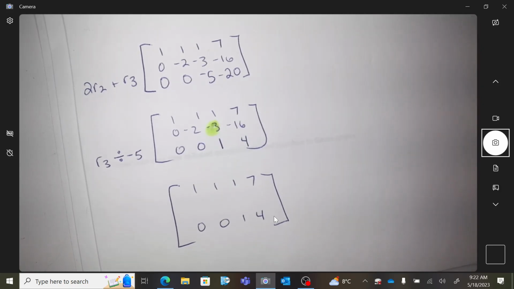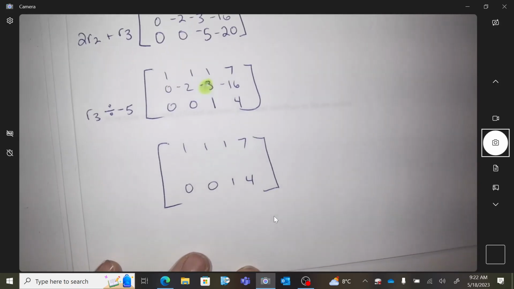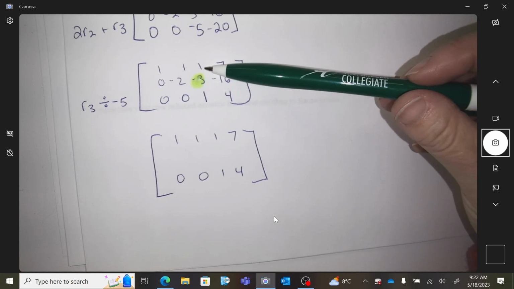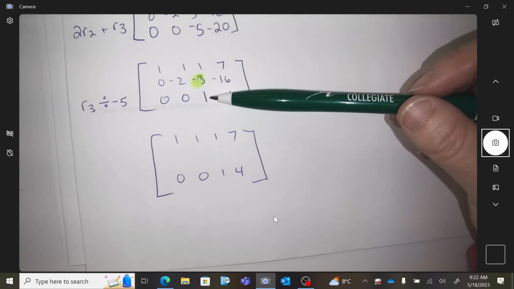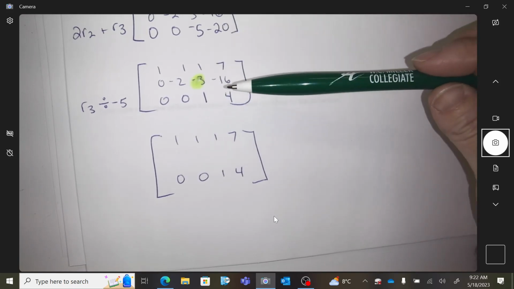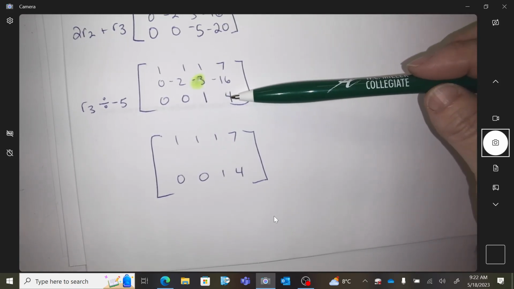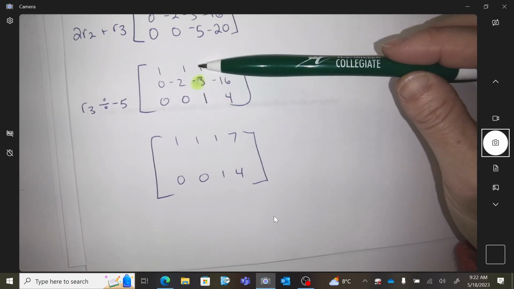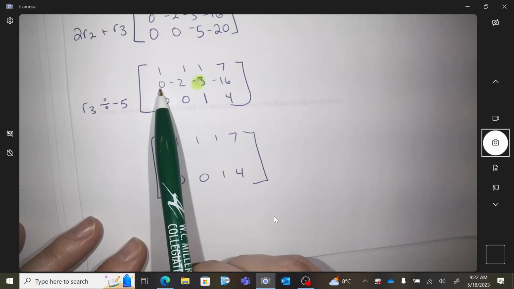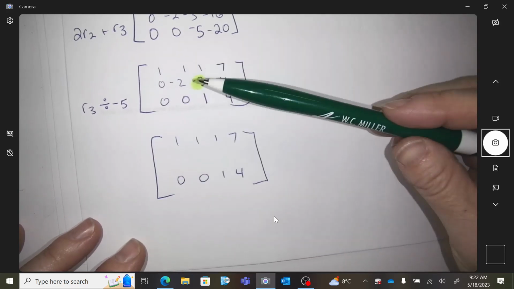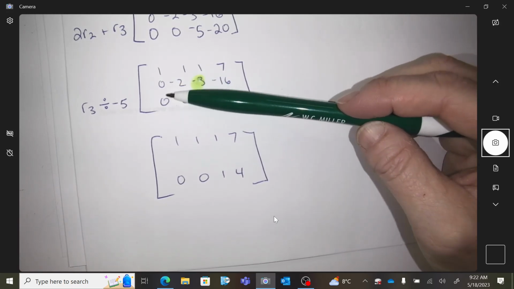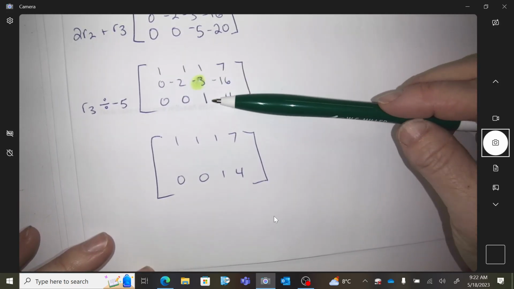Okay, this second row, are we going to be putting it together with the first row or the last row according to our zeros that we already have worked so hard to get? We're going to need to put it with the last row because if we put it with the first row, something's going to happen to that 0 and I don't want it to. So if I put it with the last one, there's nothing that can happen to my 0 here.